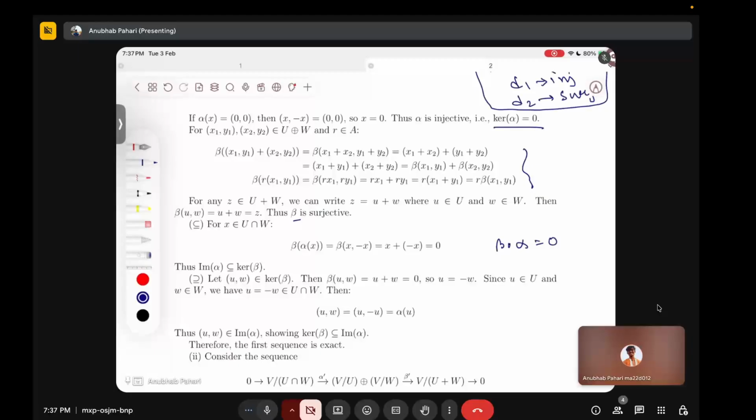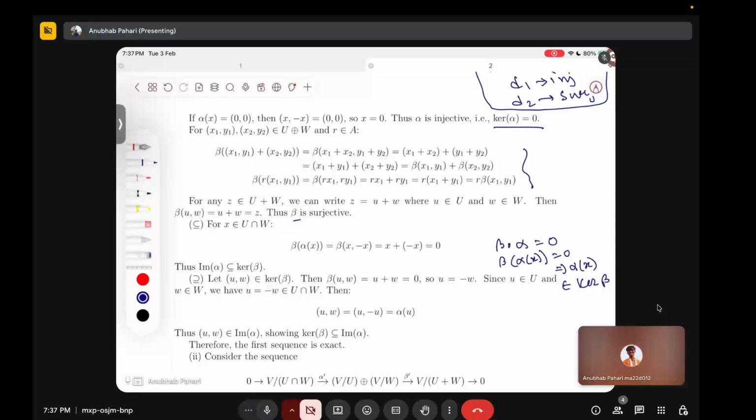That will imply that beta of alpha x is 0, right? Now alpha x belongs to image of alpha, and if beta of this is 0, then alpha of x belongs to kernel of beta, right?